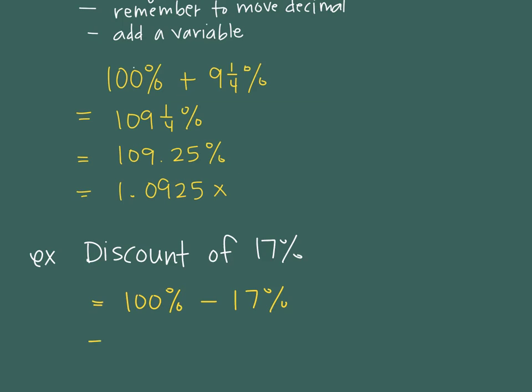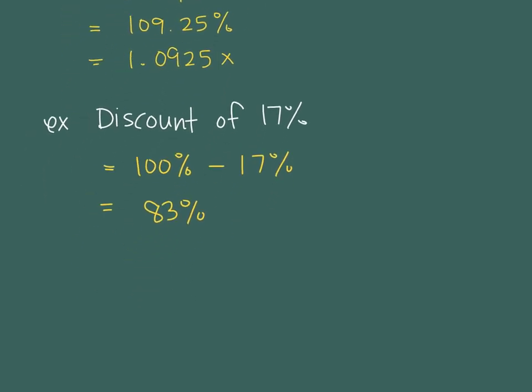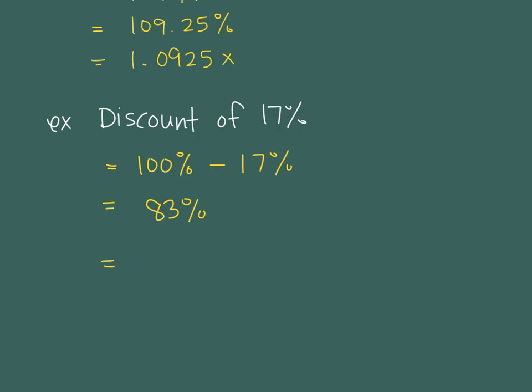So it's a subtraction first. Then 83% is what we have. Then we move the decimal, so 0.83. And then we remember to add the variable on the end, maybe P for price or whatever. And that again represents the original cost, the original price tag of what you're working with.